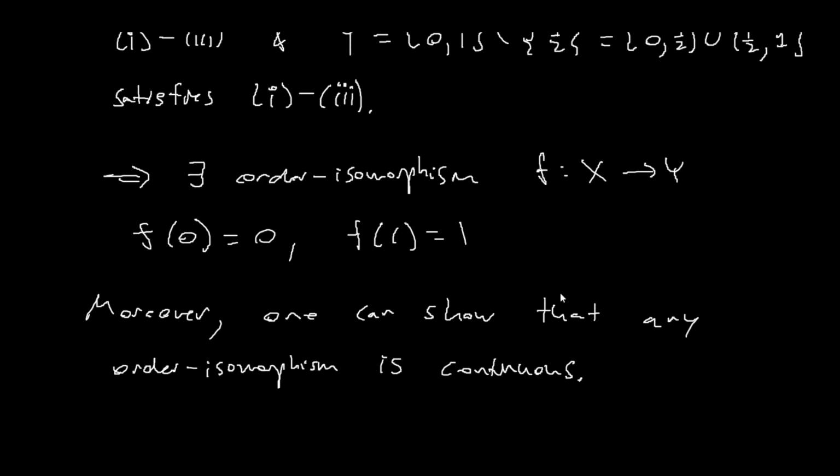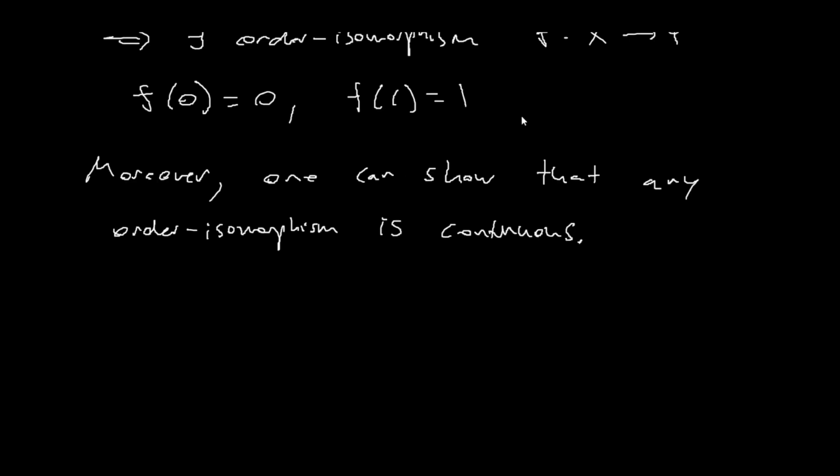So now we have that f of 0 equals 0, f of 1 equals 1, and moreover, f is continuous. And let's just define an inclusion map from y to the real numbers.